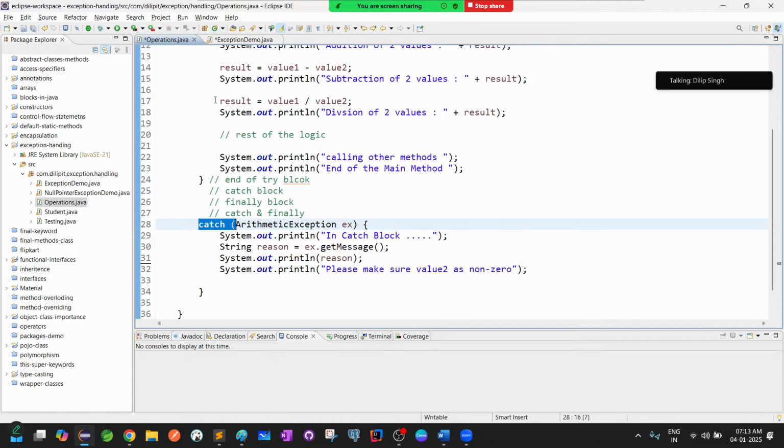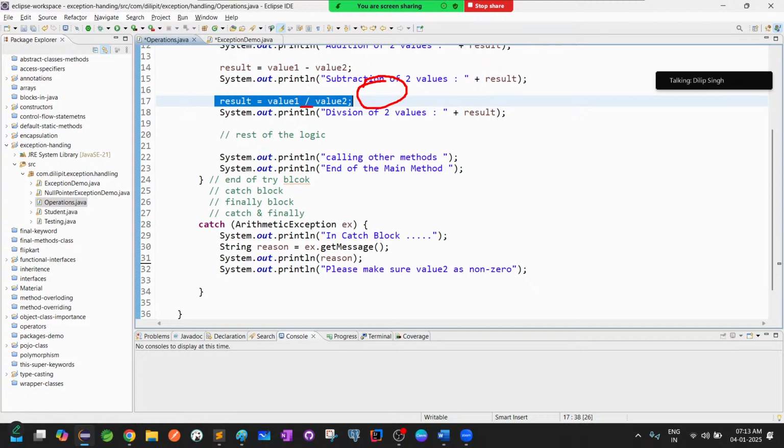When the JVM gets an exception, in this line for example, it immediately throws an exception. I said exception is nothing but an object. So throwing an exception means the JVM created an object of the respective exception class.